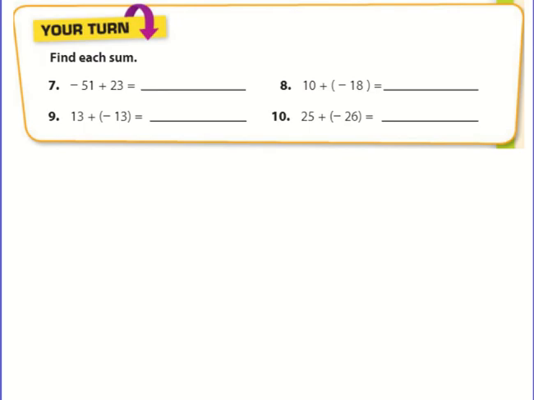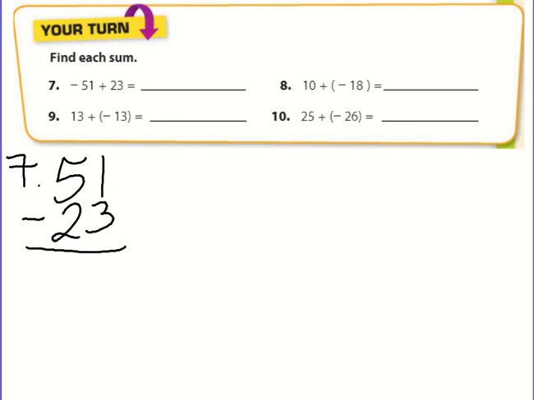So here's number 7. The absolute value of -51 is 51, and the absolute value of 23 is 23. Since 51 is larger than 23, I'm going to subtract. Don't forget to borrow. You cannot take 3 from 1.